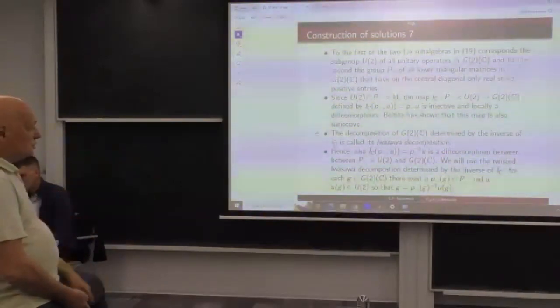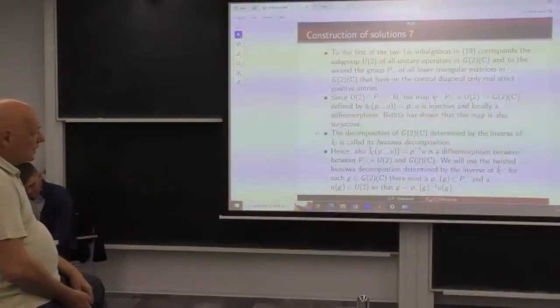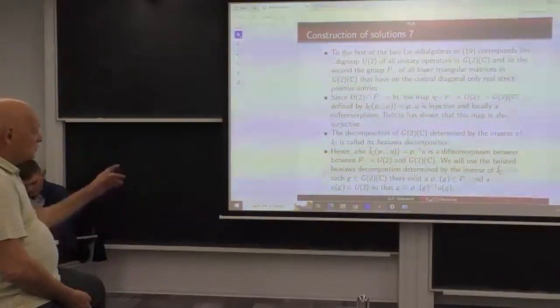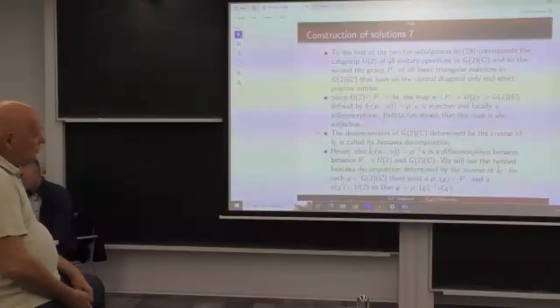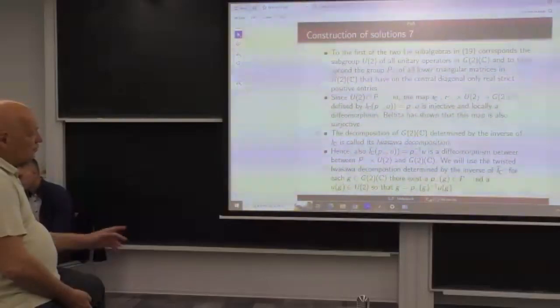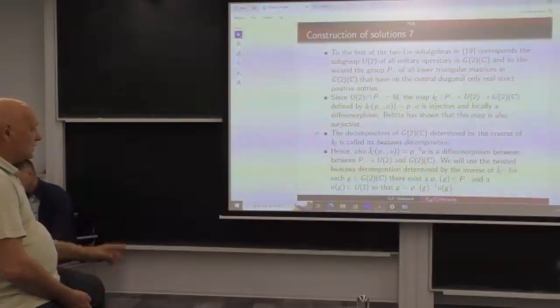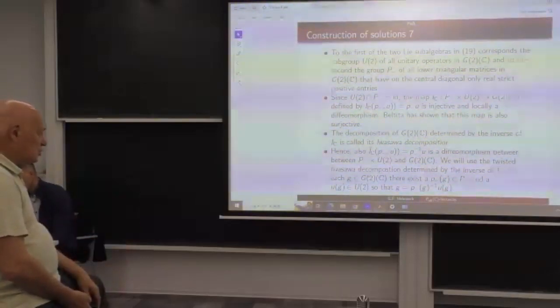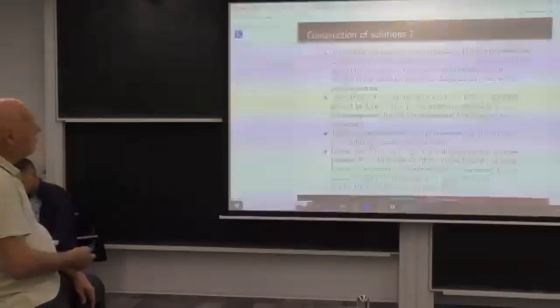And we use the inverse of this map, the inverse of I tilde C, that gives you for each G in this group G2C an element P minus G that belongs to P minus and UG that belongs to U2, such that G is P minus G inverse times U. And these are used.